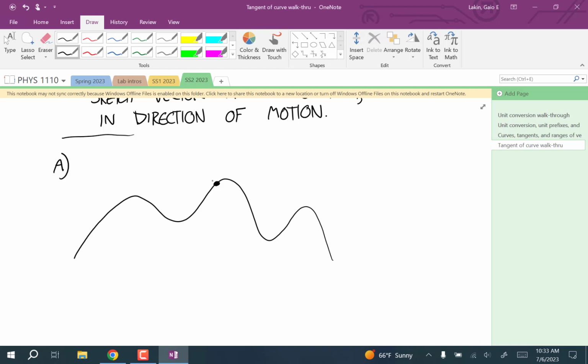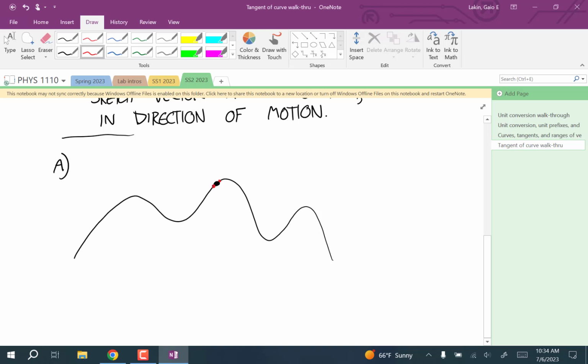Okay, so the first thing to do is draw the two nearby points. You don't really have to draw them if you can visualize them, but pause the video for a second and draw the two nearby points. So something like that.